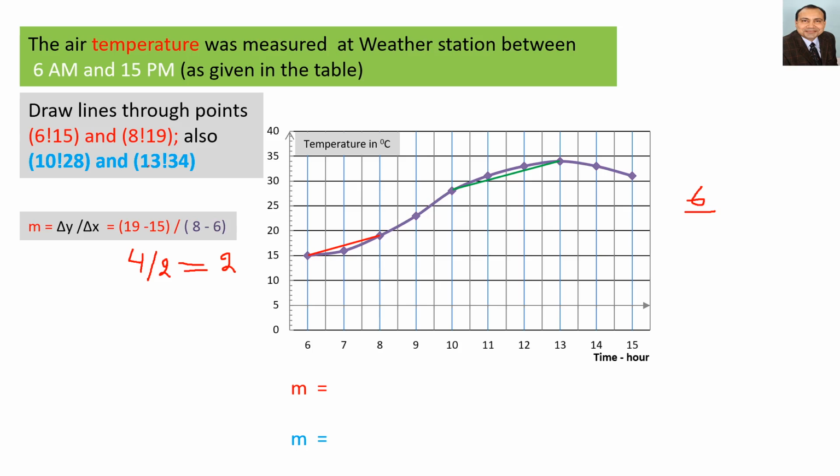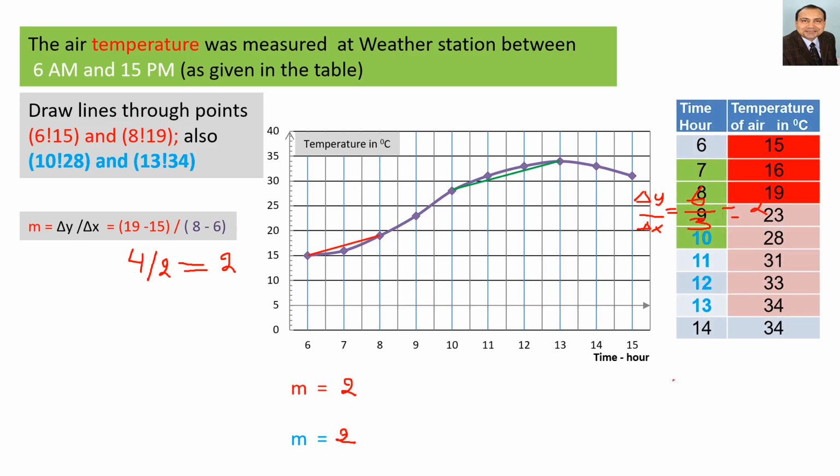Change in x is 13 minus 10 is 3. Change in y over change in x, delta y over delta x. So we have here 2. So this is 2 and 2, this is the slope of the two straight lines.